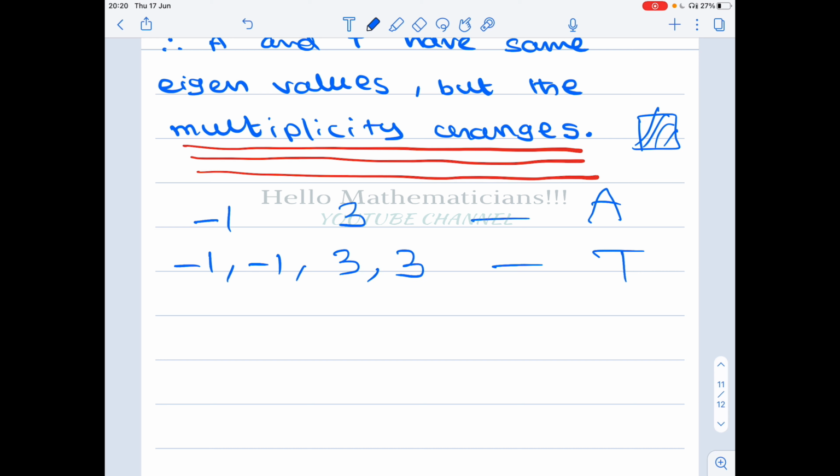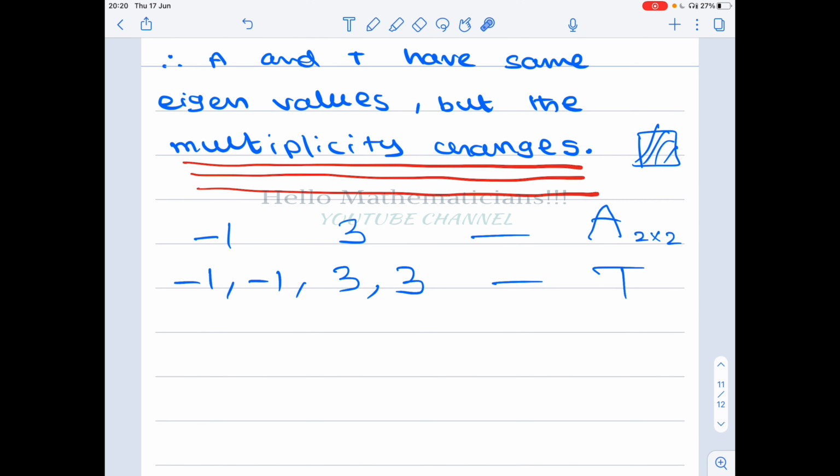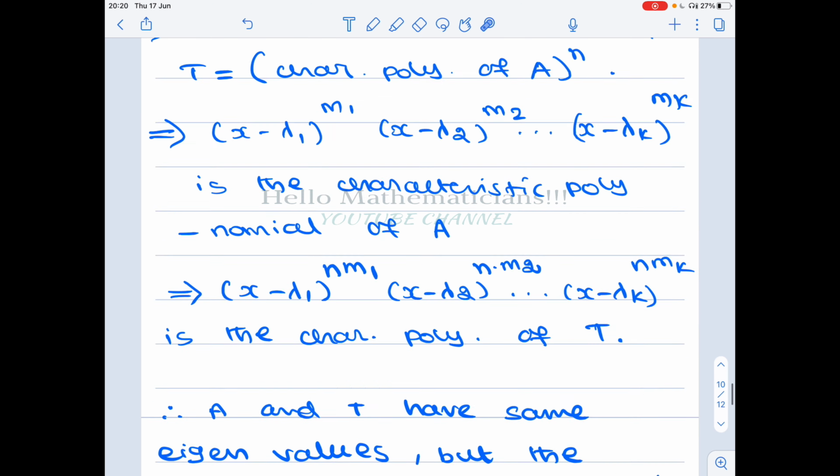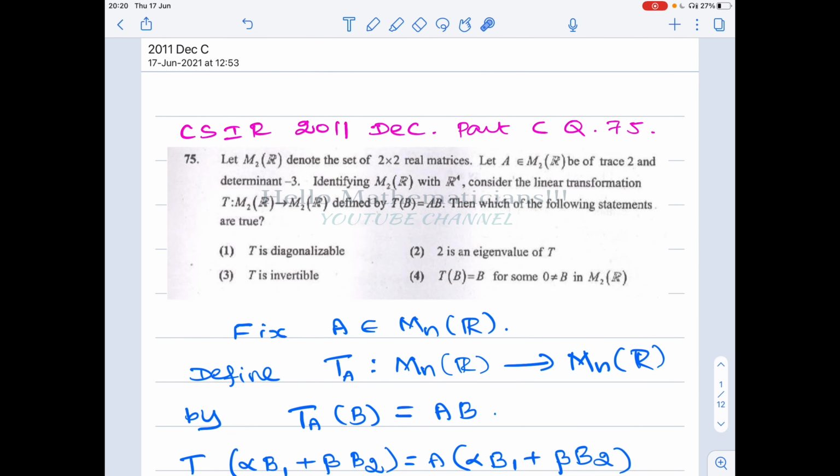Since A is a 2 by 2 matrix, each eigenvalue of A repeats 2 times. If it is generally an n by n matrix, then each eigenvalue of A will repeat n times in the linear transformation T. Okay, good. Now we know the eigenvalues of the linear transformation T, which are minus 1, minus 1, 3, 3.